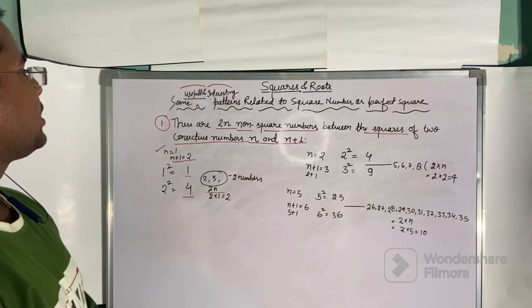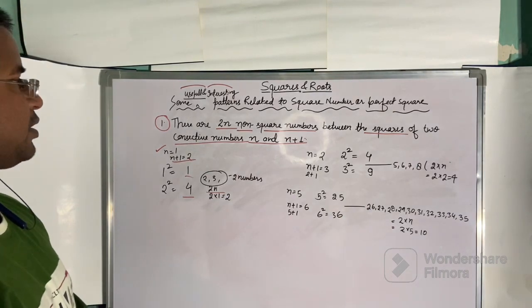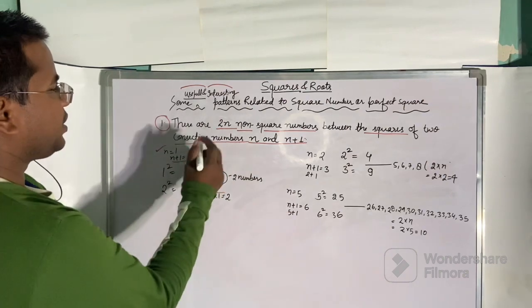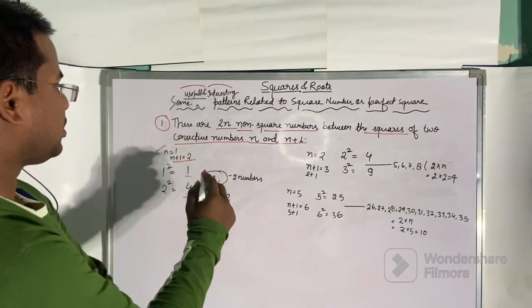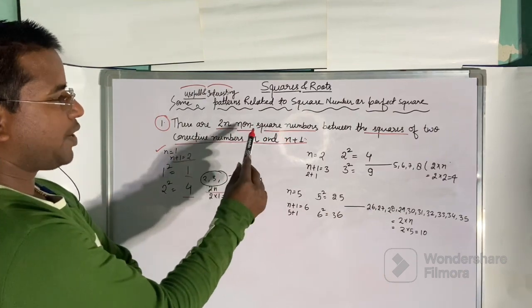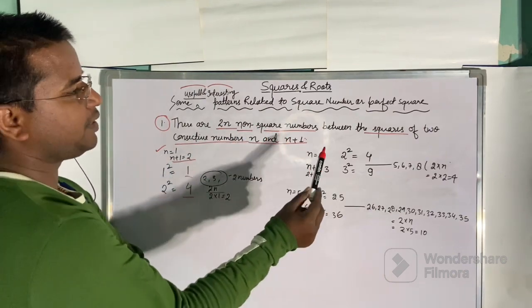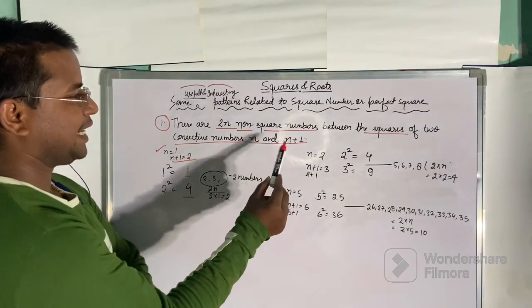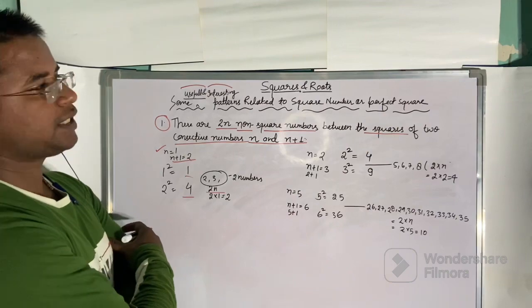Now we learn some interesting and useful facts about squares. First we discuss the first interesting pattern: there are 2n non-square numbers between the squares of two consecutive numbers n and n plus 1. What are consecutive numbers?